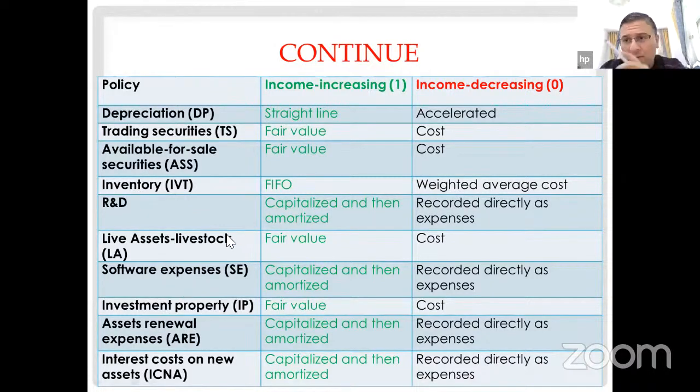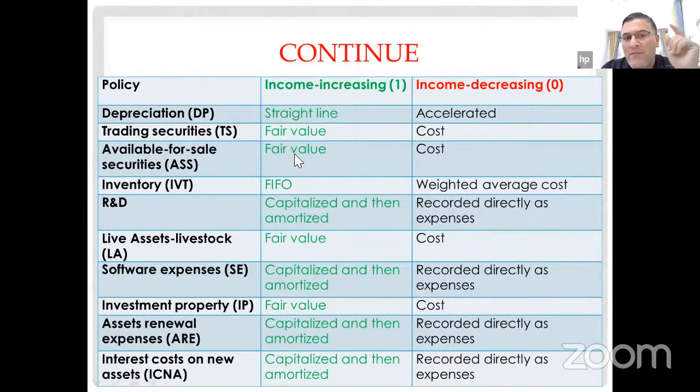But the point here, like I put in the slide, is that each method of the transaction has its economic consequences. Like for the second example, trading securities. If a company chooses to adopt fair value, this fair value method will lead to increase the net income of the company.